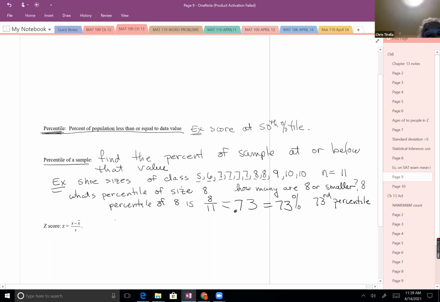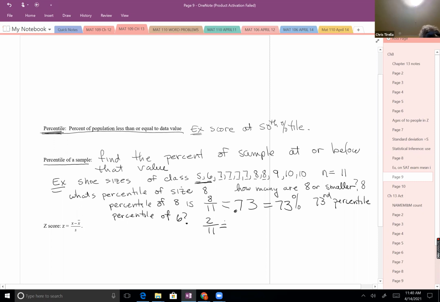What if I ask you to find the percentile of size 6? How many people were a size 6 or smaller? Six or smaller is 2 out of my 11.